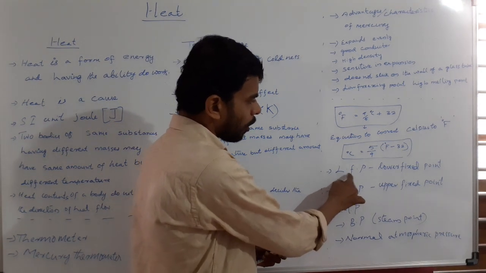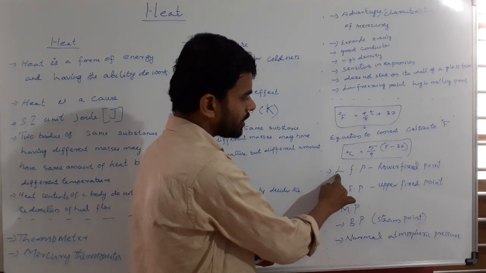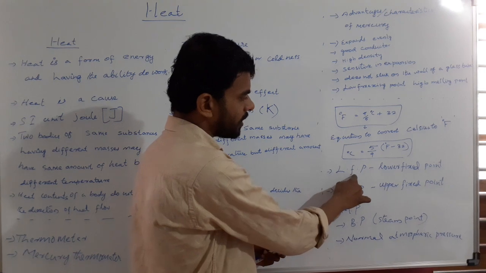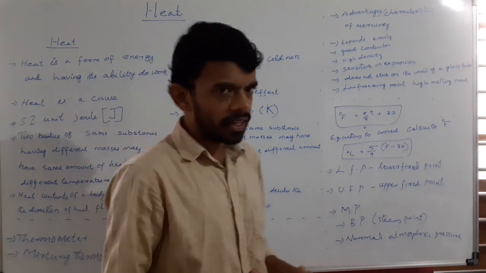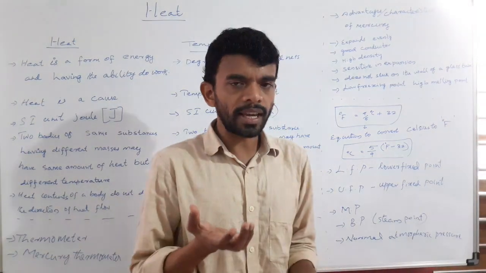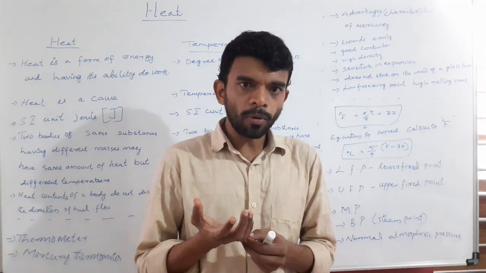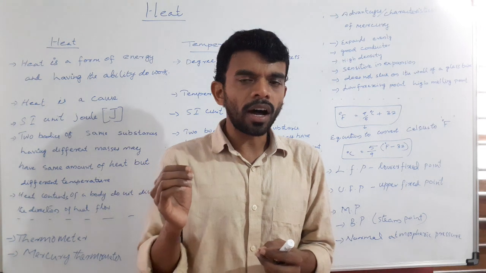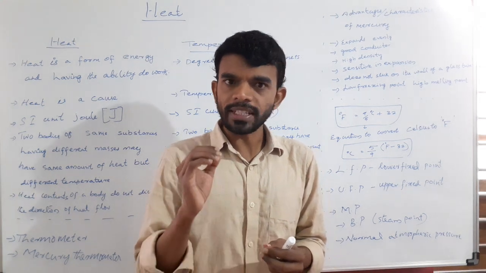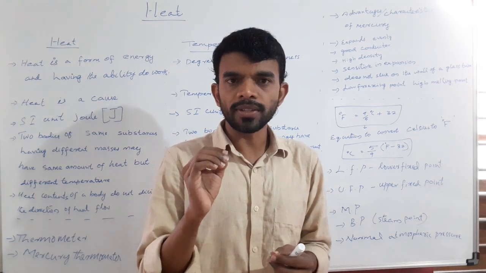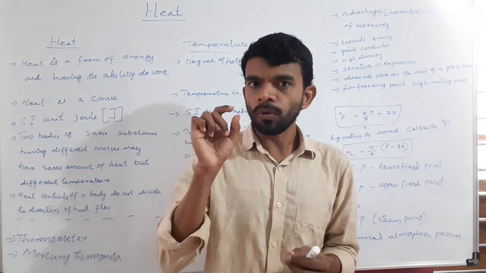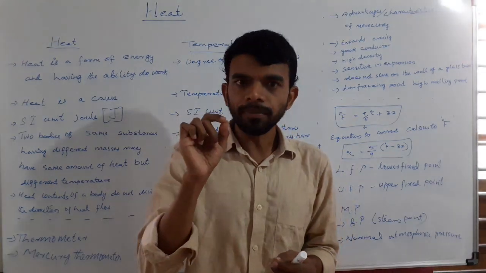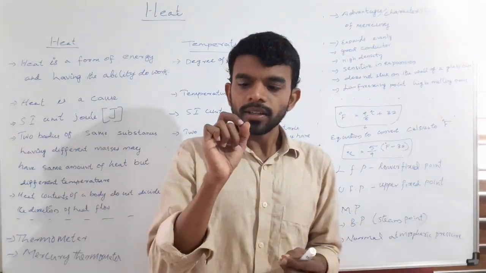Now lower fixed point. L stands for lower fixed point. For example, if you are taking the Celsius scale, the lower fixed point, as we told yesterday, is the freezing point of water or melting point of ice. The ice melts at 0 degree Celsius.